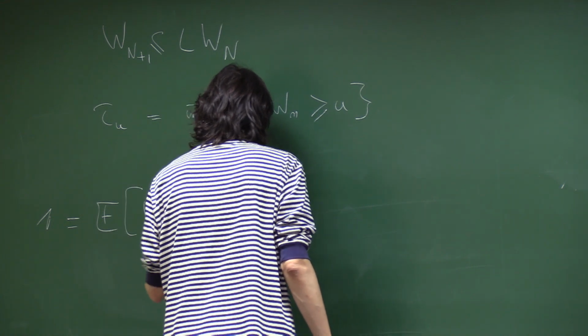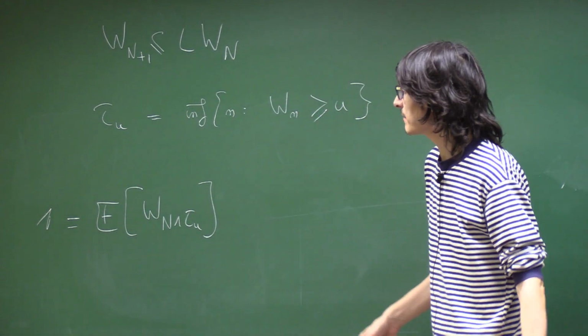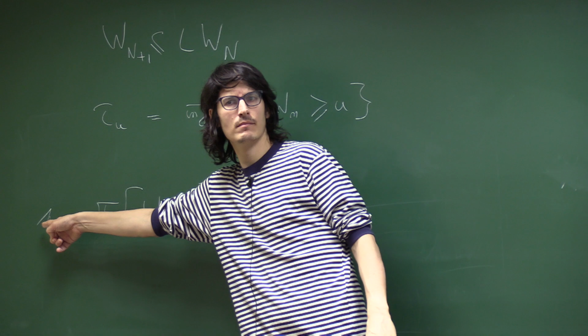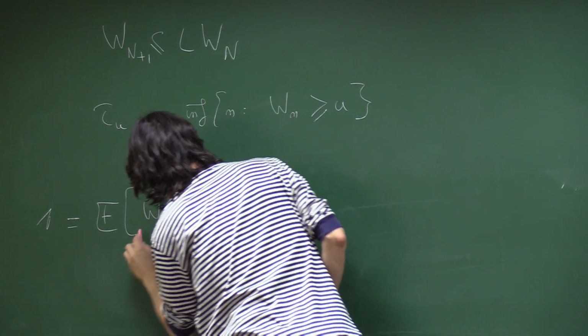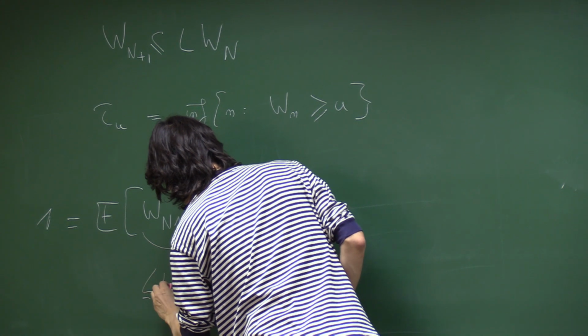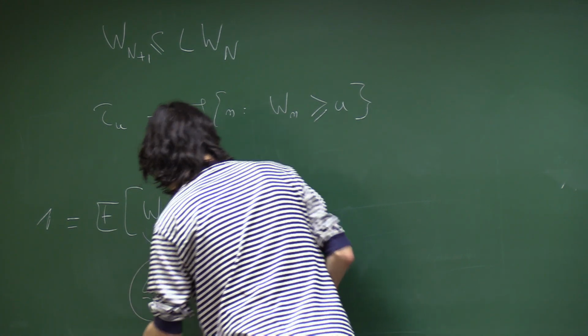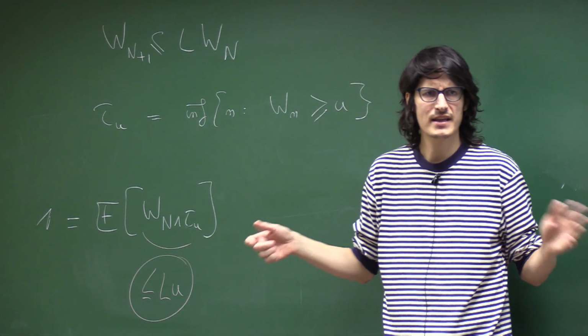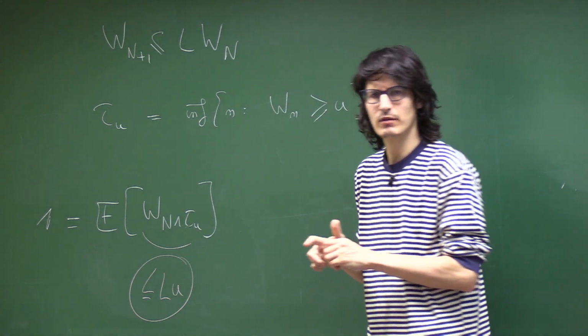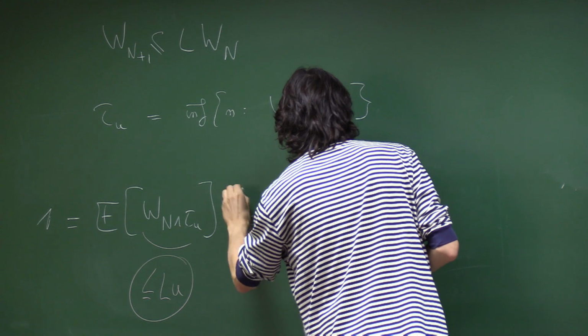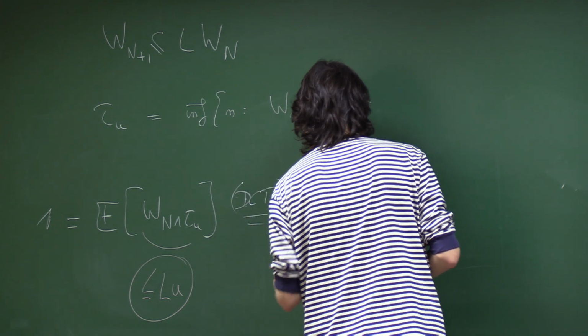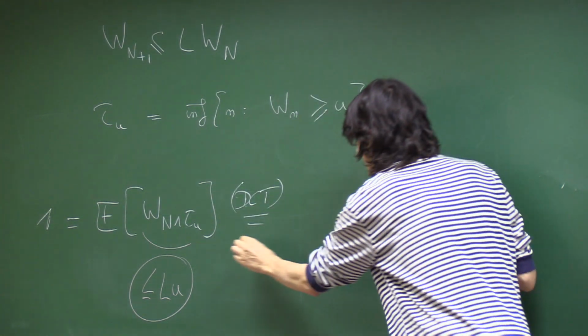By the optional stopping theorem, this is equal to 1. Now I know that this is smaller than L times u. This is bounded by a constant, so I can apply the dominated convergence theorem and make n tend to infinity.